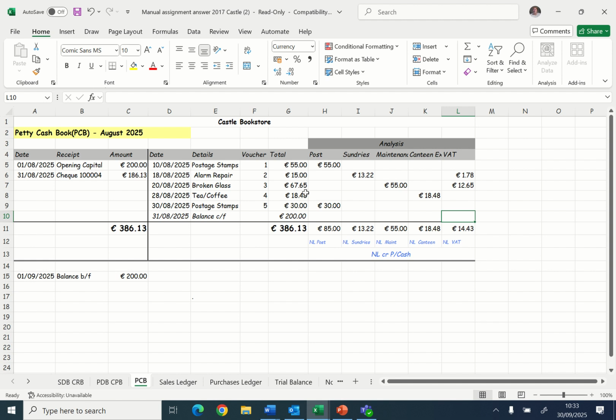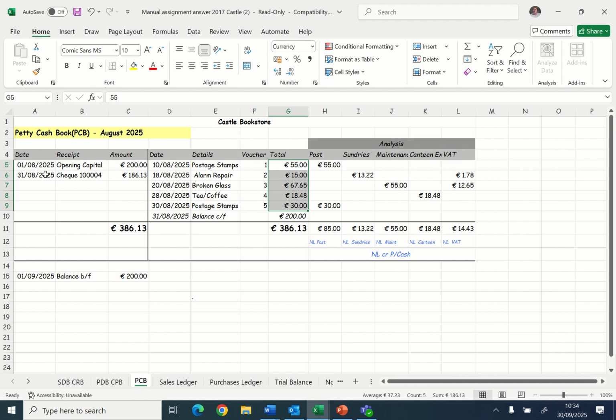We total them up, and we see that the total spend during the course of the month was €186.13. So we're going to write a check from our bank account to our petty cash, or withdraw €186.13 from the bank and put it into our little red box.